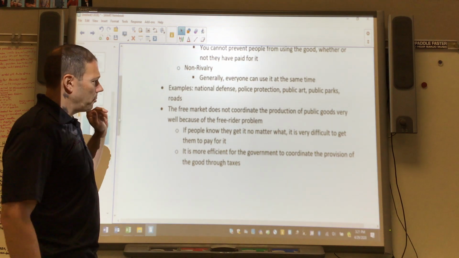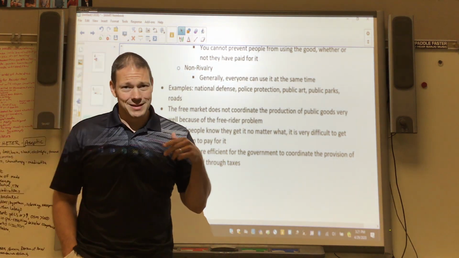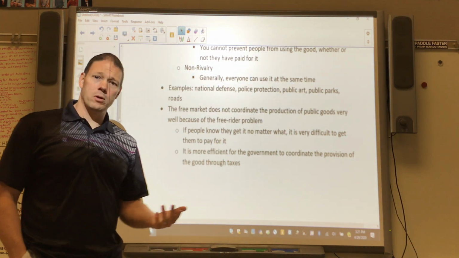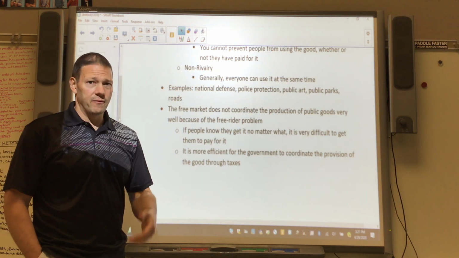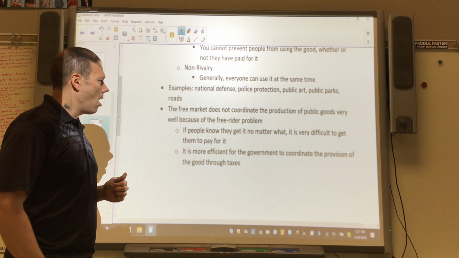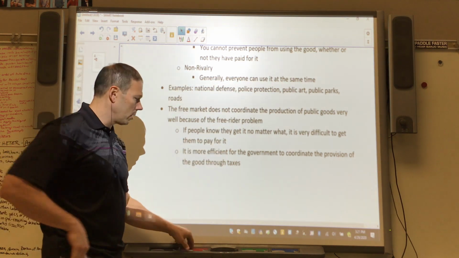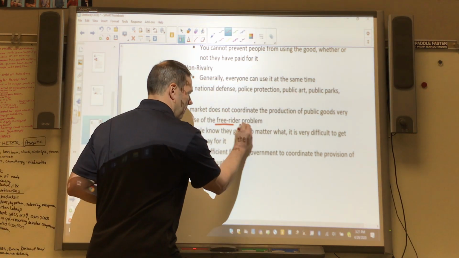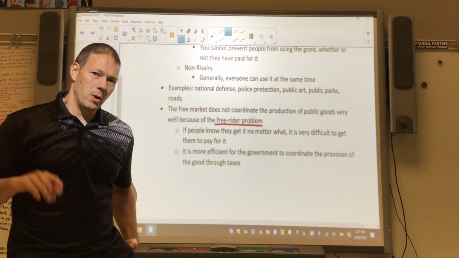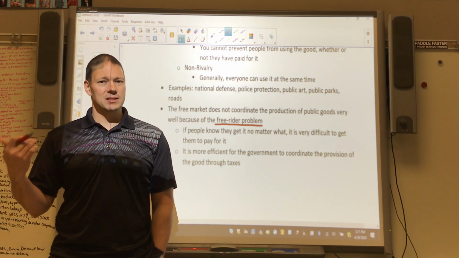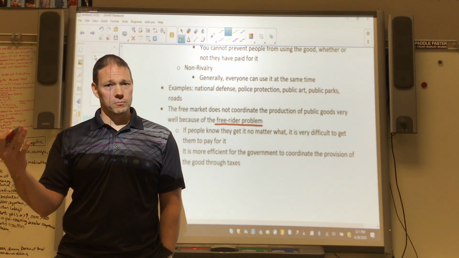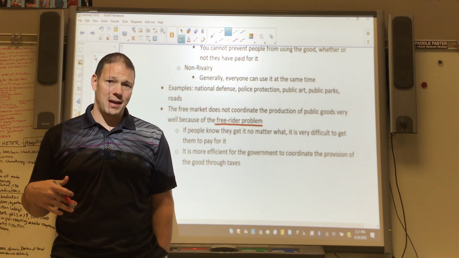Now, the big thing with public goods is the free market does not do a very good job of coordinating the production of public goods. And again, I don't say that often. I'm generally a free market guy, but public goods are a little bit tricky because of what we call the free rider problem. And the problem here is pretty simple. Once people realize, I get this no matter what, you really can't stop them from getting it, and so they're not willing to pay anything.